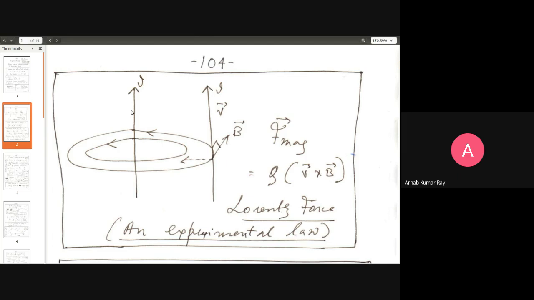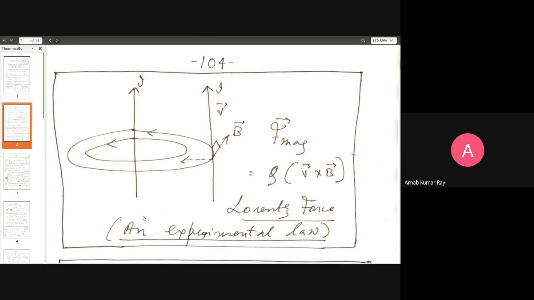And mind you, overall this wire is charge neutral. How so? Because it's made up of both positive and negative charges, in the same amount. With the application of a potential difference across the wire, the free charges, in this case the electrons, have started moving, but the electrons are actually going downwards.